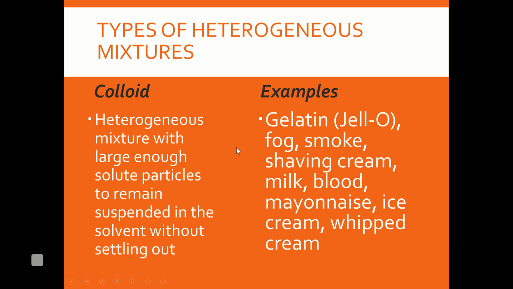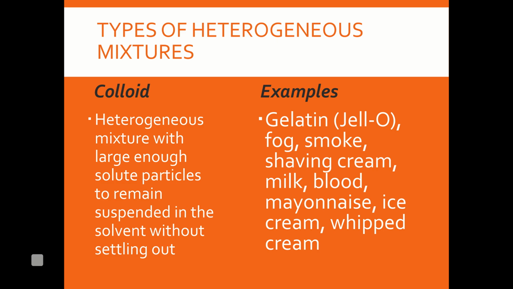All right, one last one that you probably have not heard too much about is something called a colloid. The sound of the name might look odd, but it is called a colloid. This is a heterogeneous mixture as well, and it is usually a tricky one because it really does look like an individual substance.